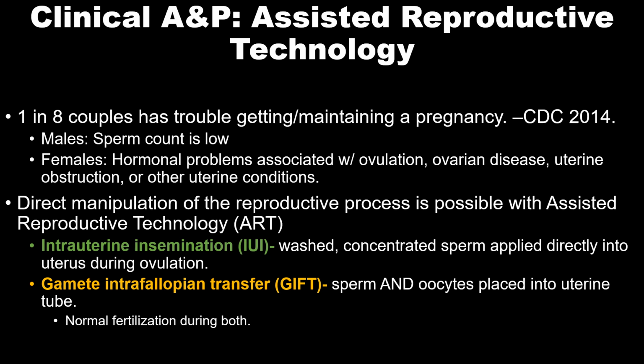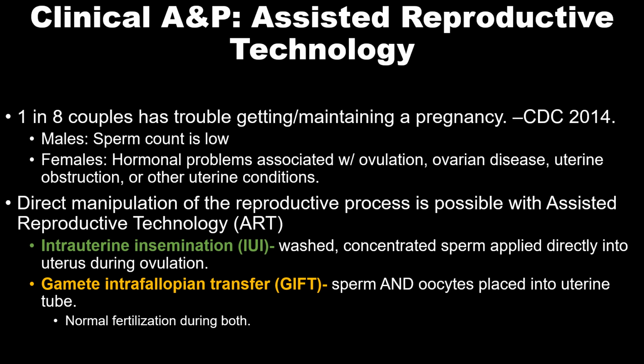And a common treatment for this is indirectly manipulating the reproductive process using assisted reproductive technology, or ART. Now there are several types of ART. Some are going to be less invasive than others. One type, intrauterine insemination, also called artificial insemination.